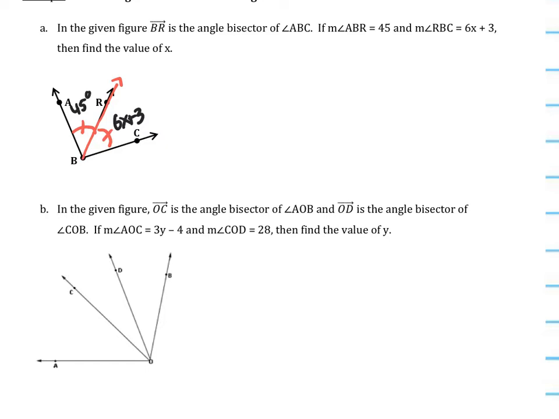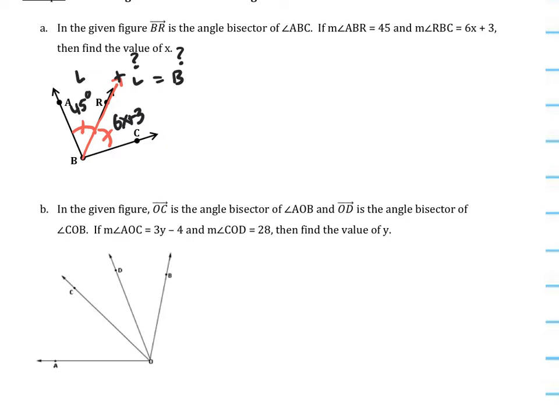This is a little bit different because before we were using the angle addition postulate, which said little plus little equals big. But right now we have a question mark in one of our little angles, the x, and we also don't know our big. So we're not going to want to create an equation where we have two unknowns that are not the same variable.